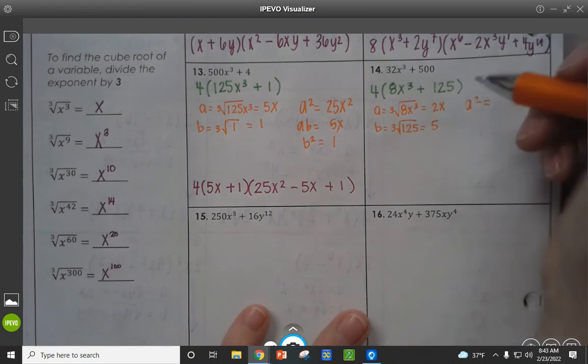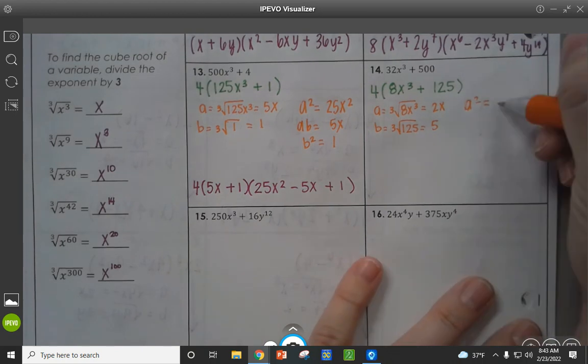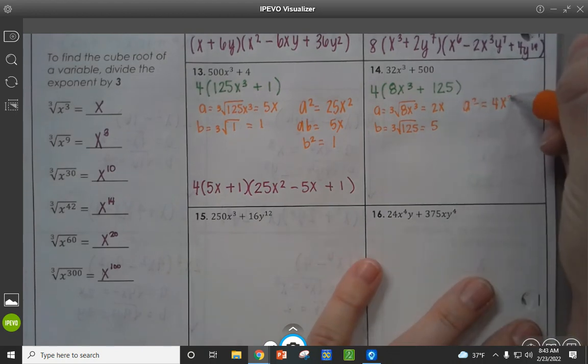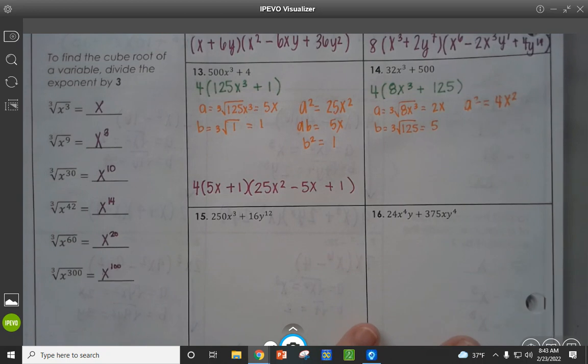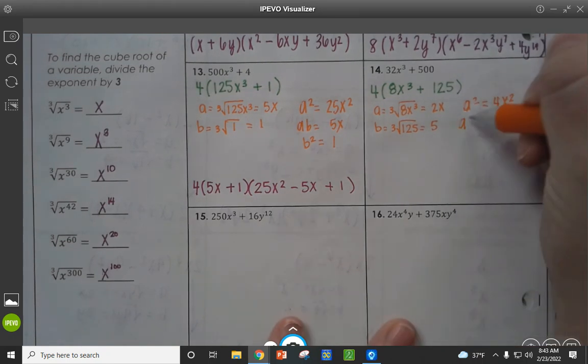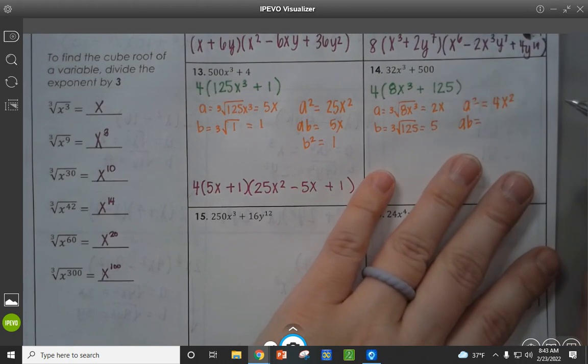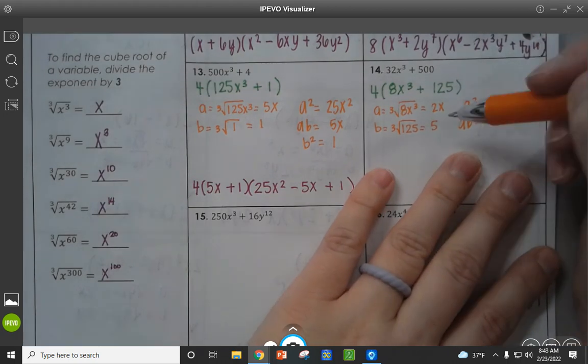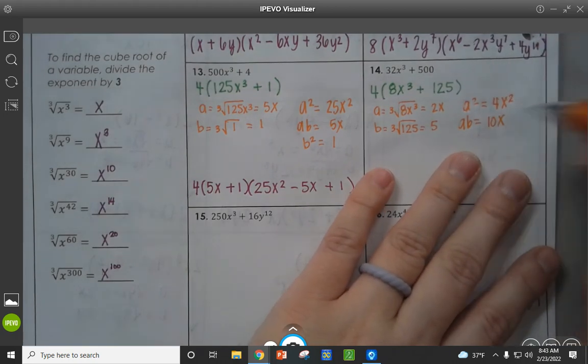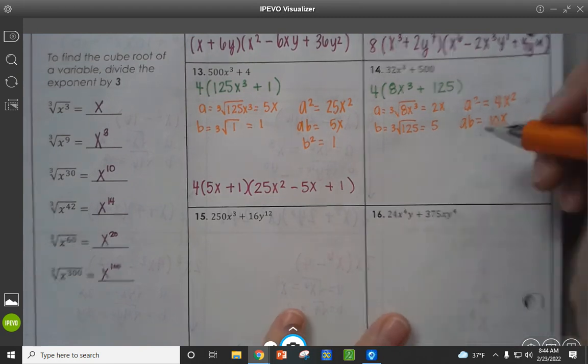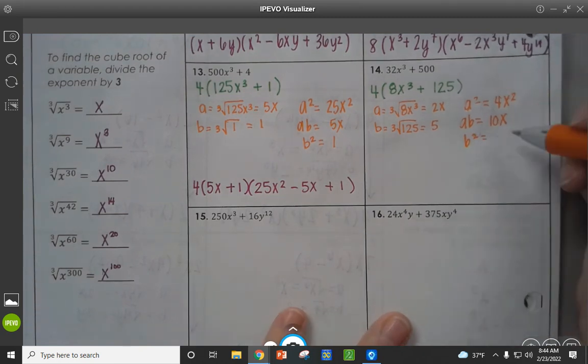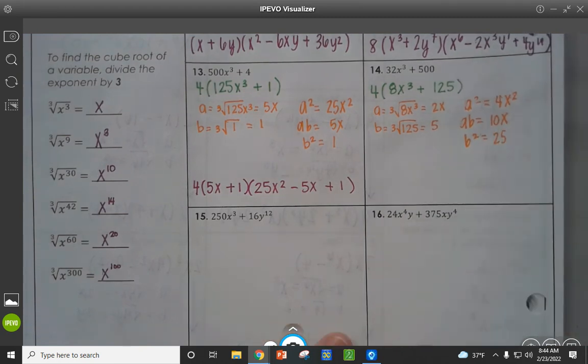What is A squared? 4x squared. Yep, 4x squared. 2x times 2x is 4x squared. What is my AB? 2x times 5 is 10x. And b squared is 25.